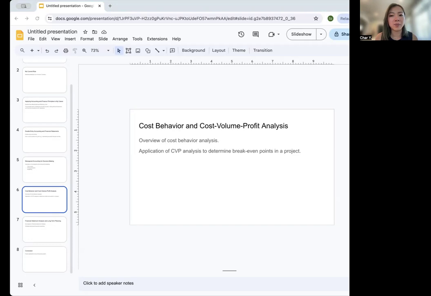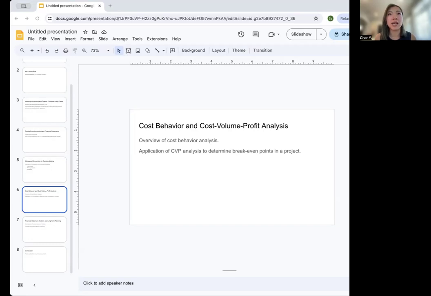I particularly found the fixed and variable costs very beneficial because that allowed us to see what a fixed cost is and identify the high fixed costs.